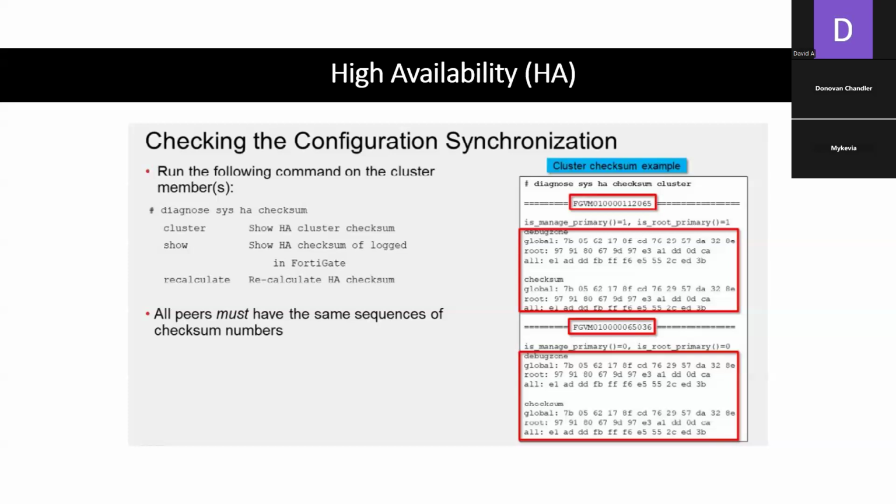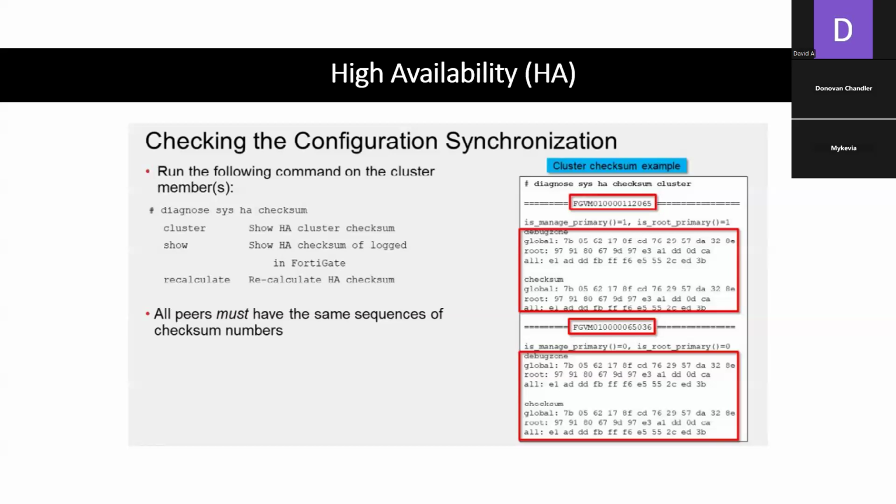You can see Global had the same checksum, 7B, 05, 62. That needs to be the same. If Makivia is troubleshooting this and she doesn't see that, we're not synced up. The big thing I want you to take out of this, which helps with troubleshooting, is that all peers must have the same sequences of checksum numbers. Does that make sense?